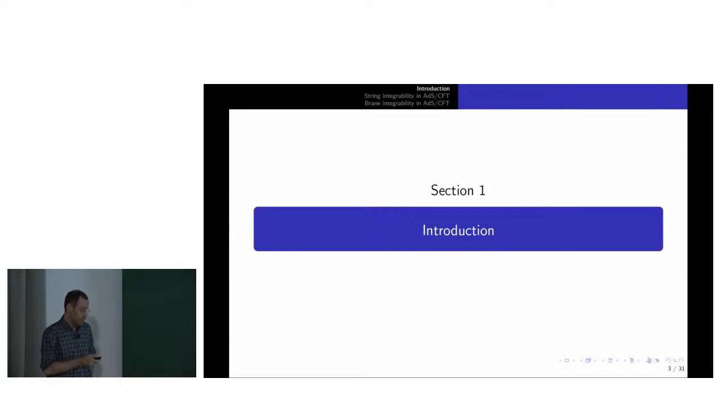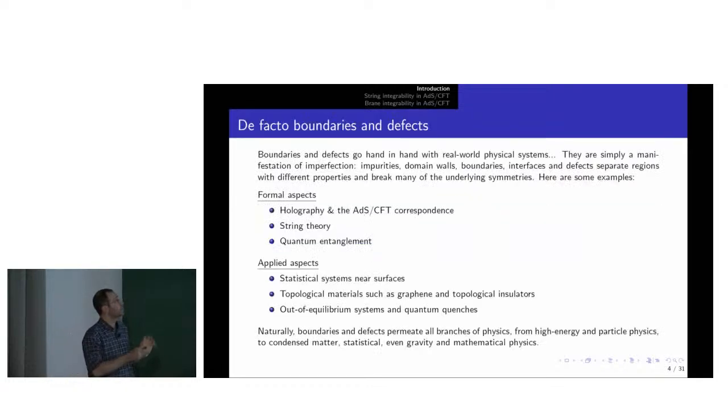Let me first describe the setup that this work belongs to. The setup is boundaries and defects, the physics of boundaries and defects, which is of course very broad. Boundaries and defects are part of the real world, Realphysik, as we say in German.